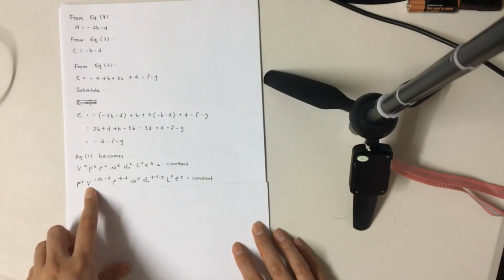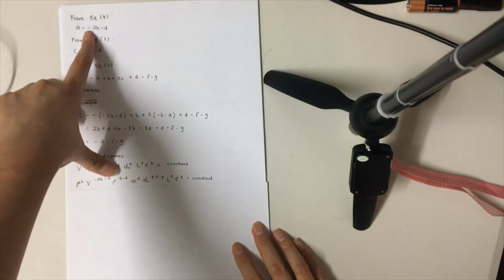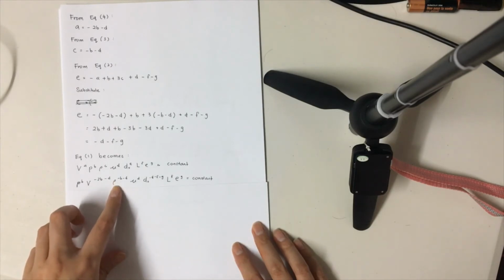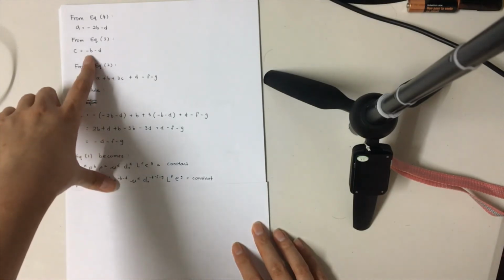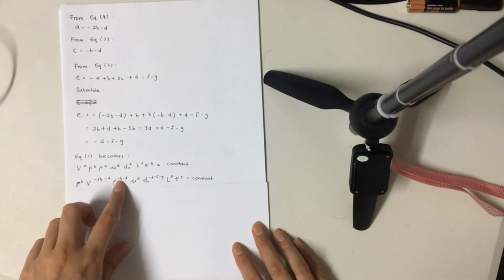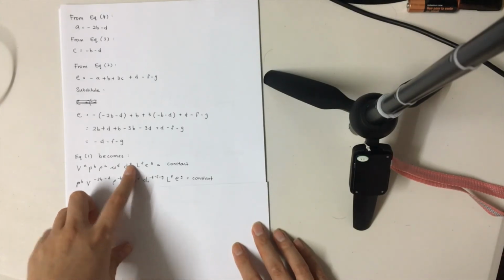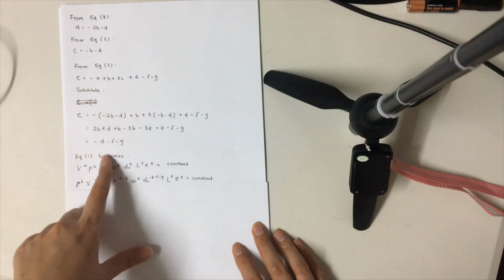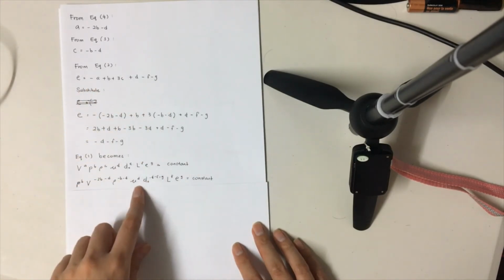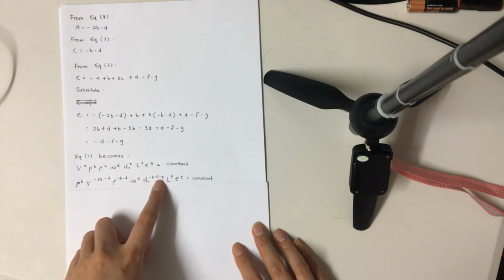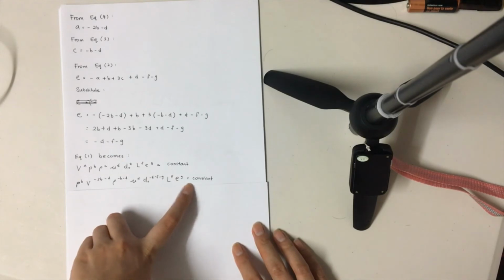So V, so a is -2b minus d, substituted in; rho to the power of c, which is -b minus d; the viscosity, to the power of d, we keep it there; D to the power of e, where e is this expression, so we substitute e over here; L to the power of f; roughness to the power of g; equals a constant.